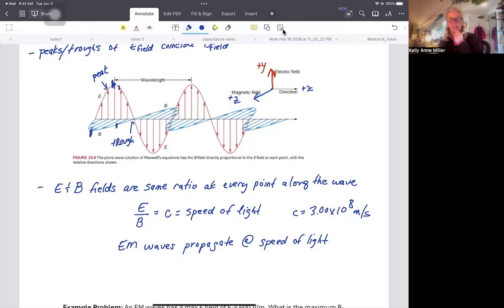Okay, and I posted a video on Collage that gives you an overview of something called the electromagnetic spectrum, which basically talks about all of the different types of E&M waves, right? From microwaves to X-rays. The visible light spectrum is in the middle there, and it talks about how the wavelength and the frequency of those different types of radiation change.